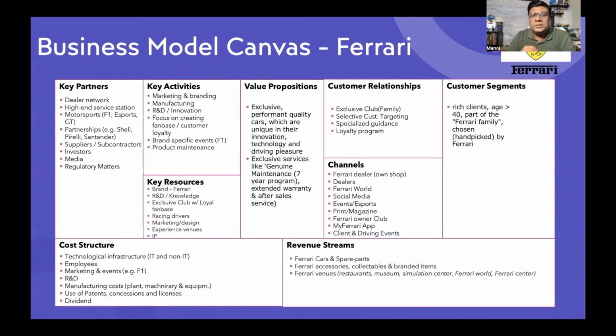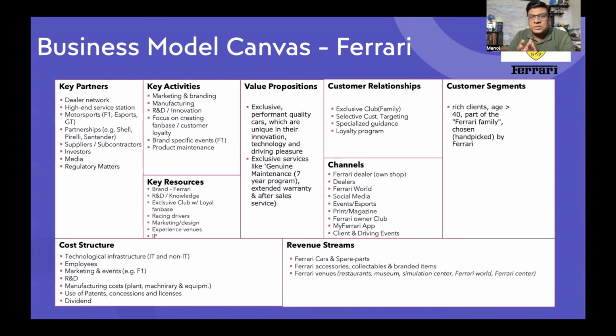The second important aspect is key activities. What are the key activities this organization is doing? They are into marketing and branding, manufacturing, research and development, innovation, and so on. The key resources they have are the Ferrari brand itself, R&D, knowledge, the exclusive club, racing drivers and cars, and then marketing, design, experience, value, IP.